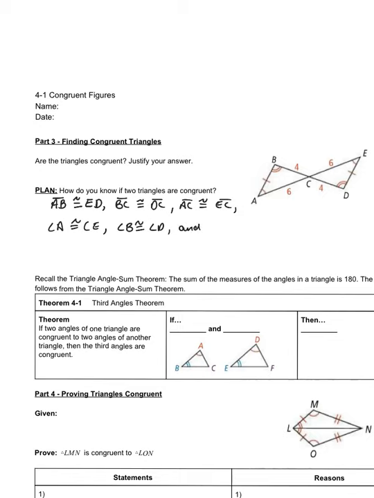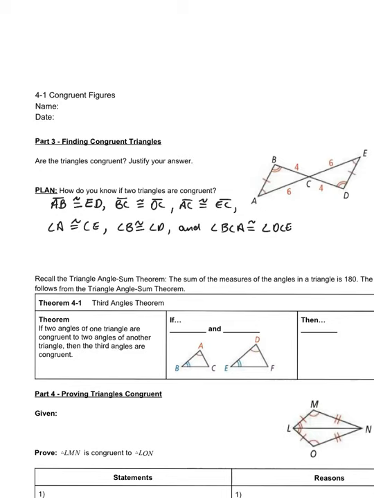And angle BCA is congruent to angle DCE because they are vertical angles, and vertical angles are congruent.